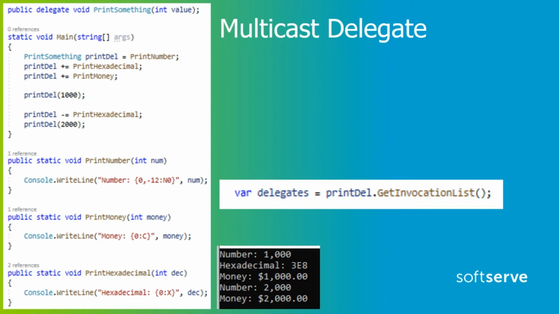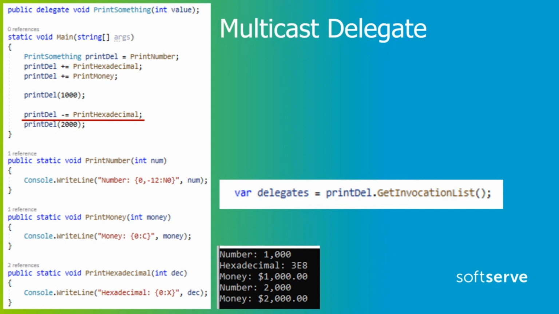What else interesting can be done with delegates? In the example, delegates can be added. After each union operation, we get a new instance of the delegate which contains the instances of delegates and the sequence of their calling. A delegate can point to several methods. A delegate that points to several methods is called a multicast delegate.